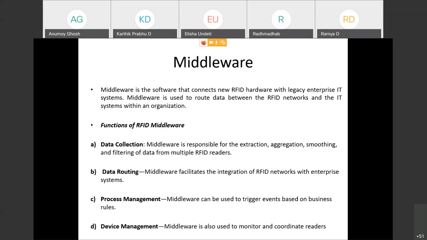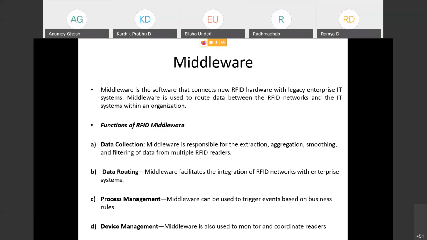These are used in industry systems where I can program the middleware to initiate some function for the readers. Suppose one middleware is connected to three readers. I can send one command through the middleware to the readers, and that same command will be transmitted by the readers to the respective tags. That is known as process management. That is not actually relevant to your vehicle management, but this function is there.